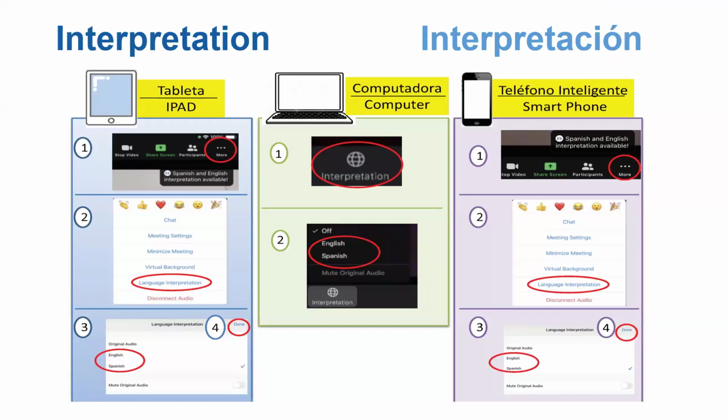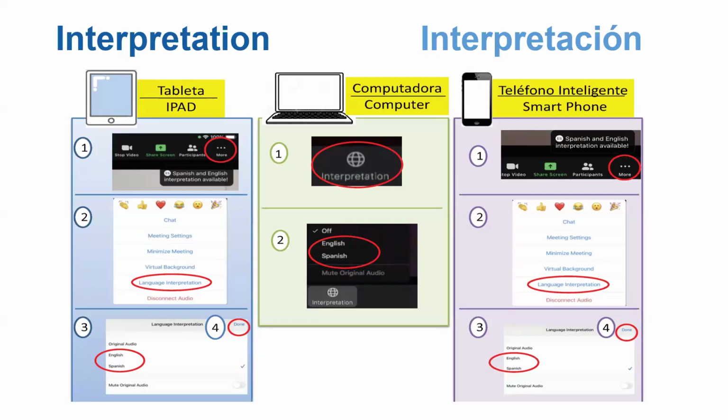If you are joining this meeting and you want to understand anything that may be said in Spanish, and you're using a laptop or a desktop, in a few moments, a globe will appear at the bottom of your screen. Click on that and it will open language interpretation, and then you would choose the English channel.